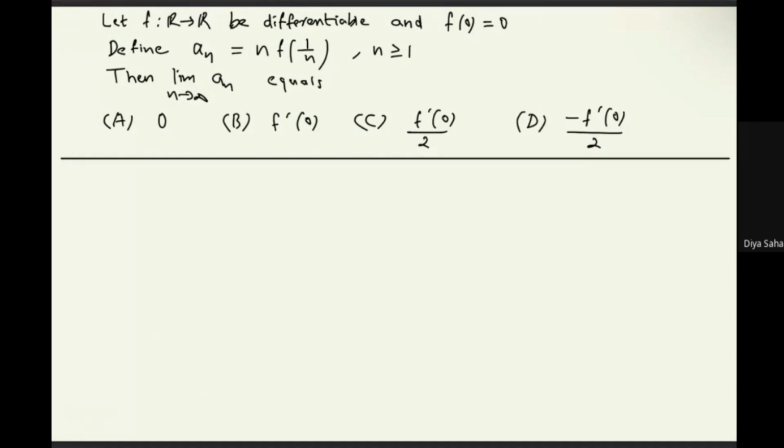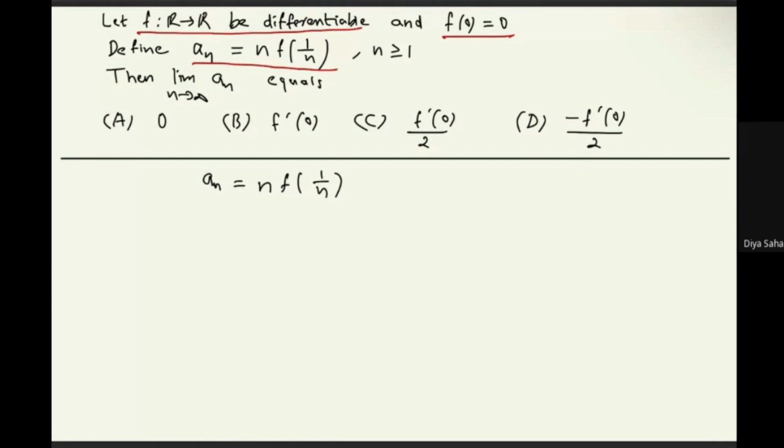So again, conditions are very important. f from R to R is differentiable. f of 0 is 0. And what is given? We define the sequence n f of 1 by n. They are asking about the limit of the sequence.